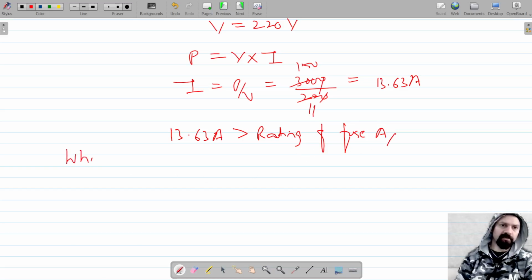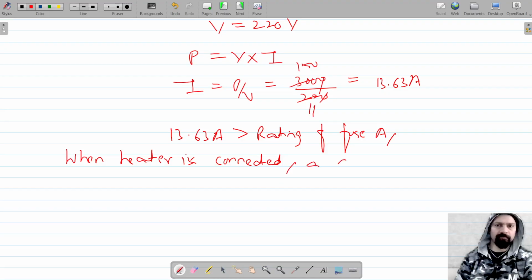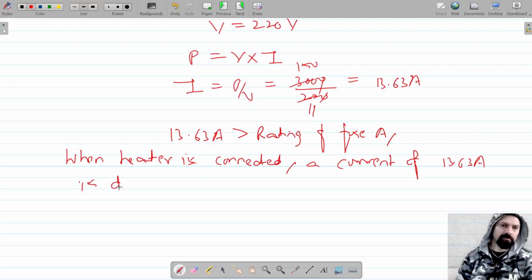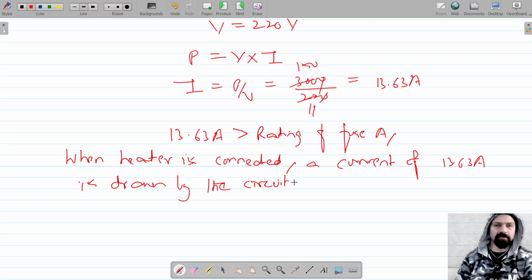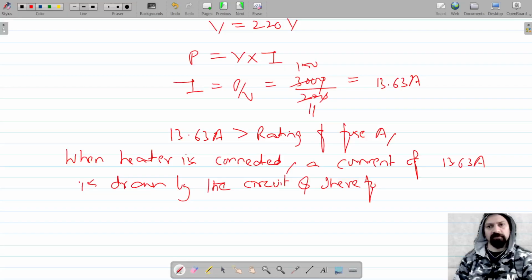So we can say that when the heater is connected, a current of 13.63 ampere is drawn by the circuit, and which is greater than the rating of the fuse wire.